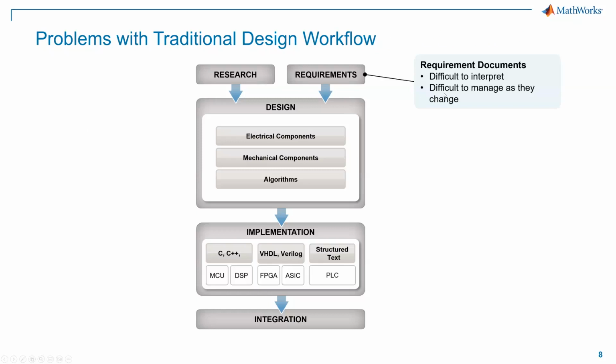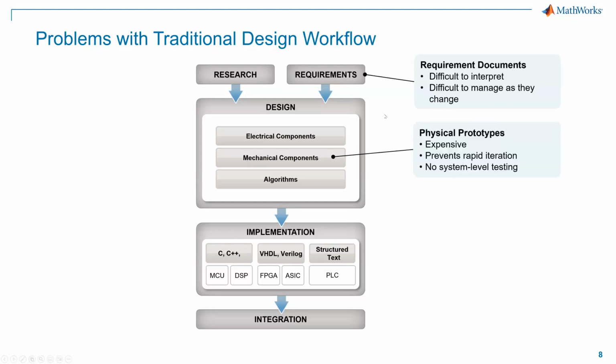And if the requirements are continuously changing from the customer or from our design team, then it becomes cumbersome. Every time design requirements change, we are not able to understand how it would impact our final design. So this is the first issue we face.